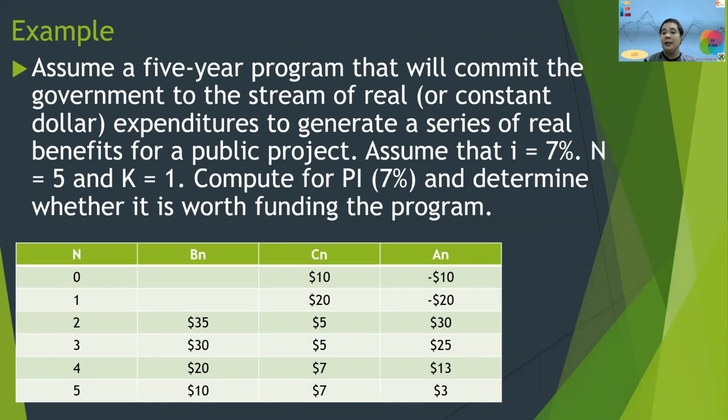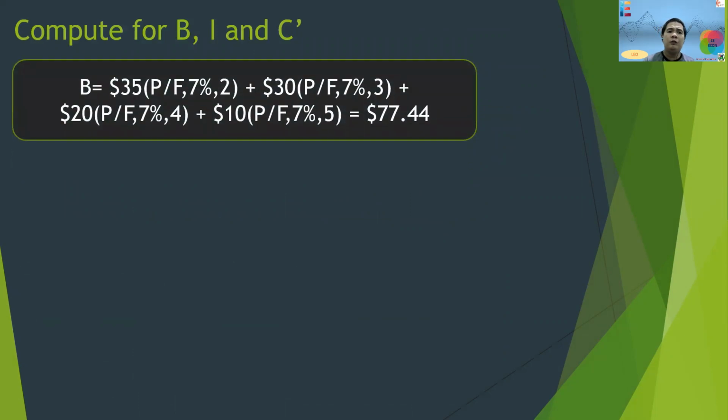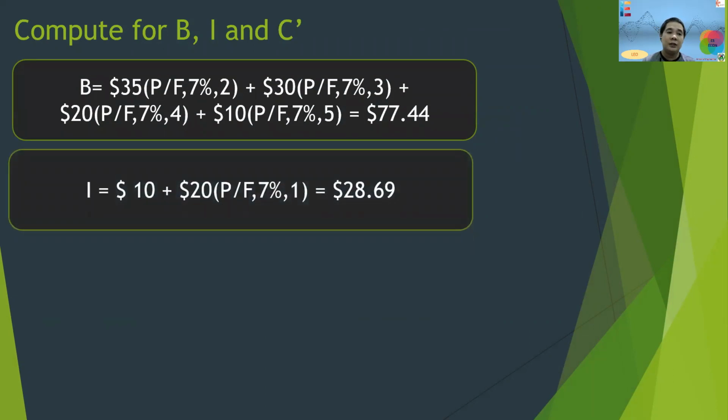Basically, you have the same problem as the problem on the benefit cost analysis. So first and foremost, we need to compute for the B, I, and C. B refers to the present worth of all the benefits, that is $77.44.